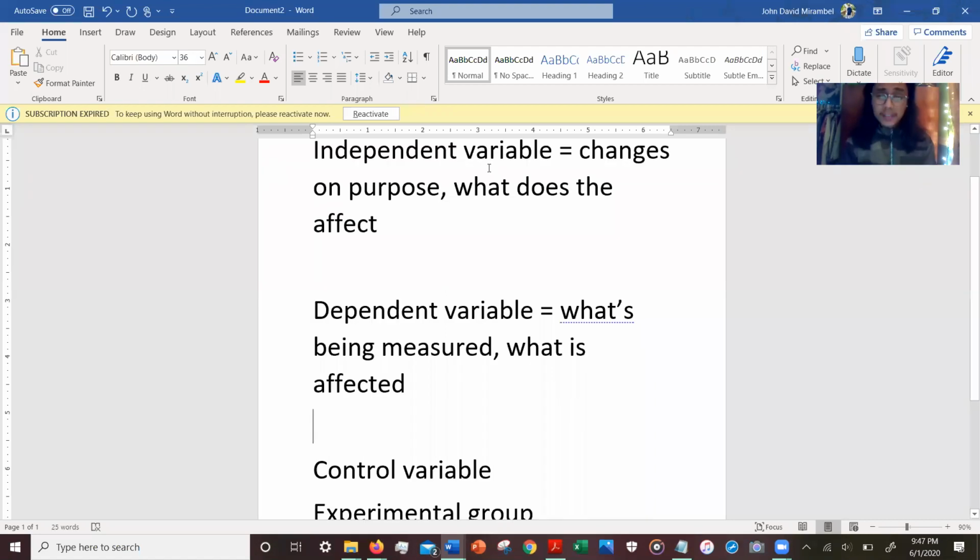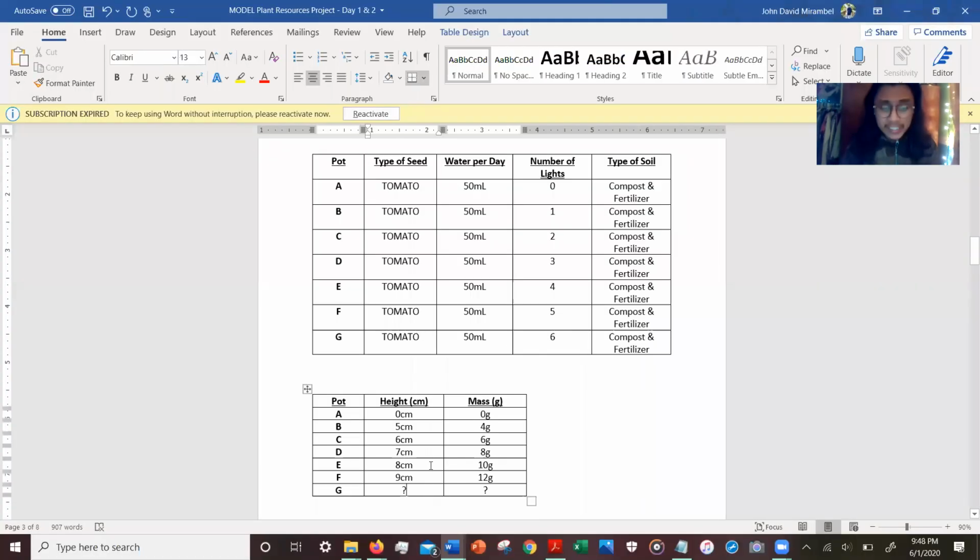The dependent variable, on the other hand, is what's being measured or what is affected, what is dependent on the independent variable. So we see at the bottom here that our dependent variables, we can have multiple, are both height and mass at the end of 50 days. So height and mass depends on time, so 50 days, and it also depends on the number of lights there is.